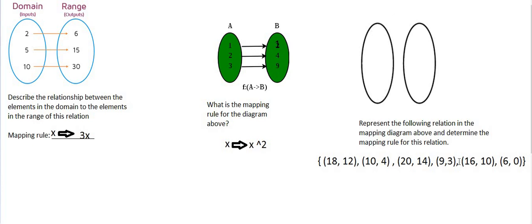So we have a set of ordered pairs, which is our relation. Let's start by plotting all of our x values in the domain circle, which is this circle right here.